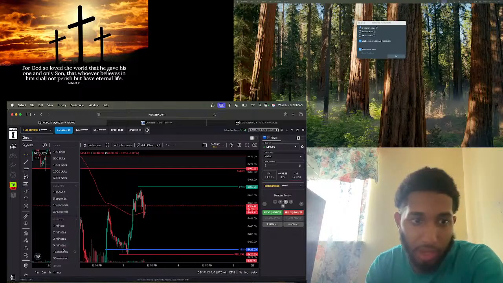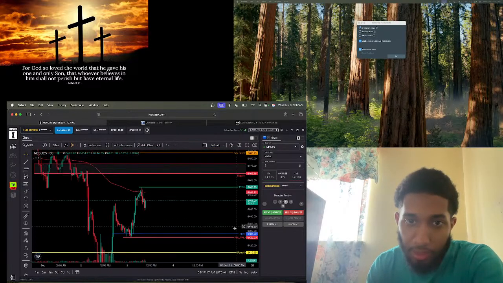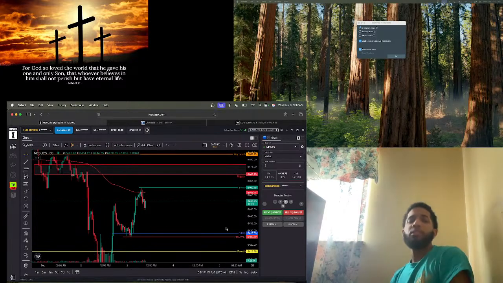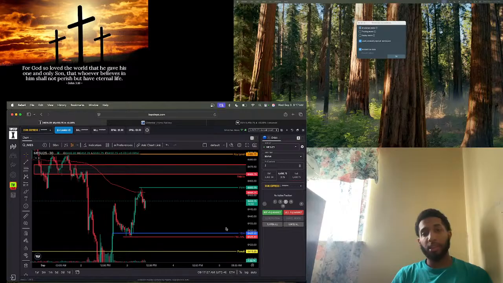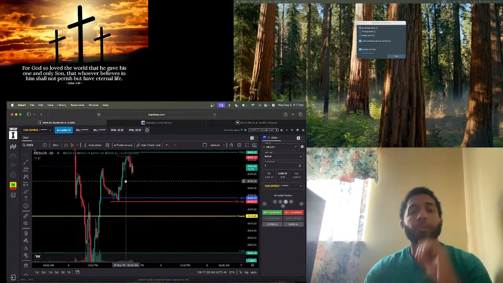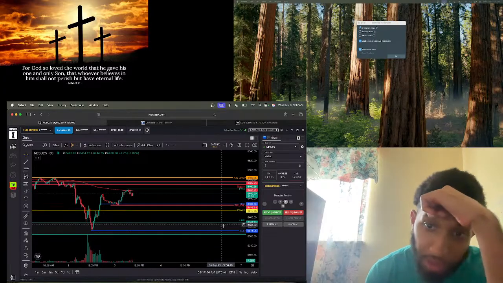It doesn't look like we're gonna have a trade off the open. I don't want to take a trade here or here. But when I look at this, we are putting higher high, higher low.